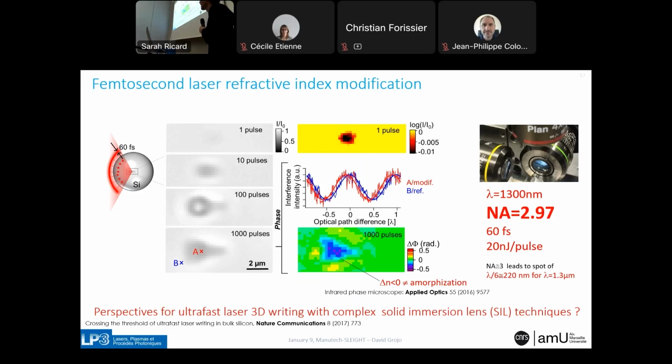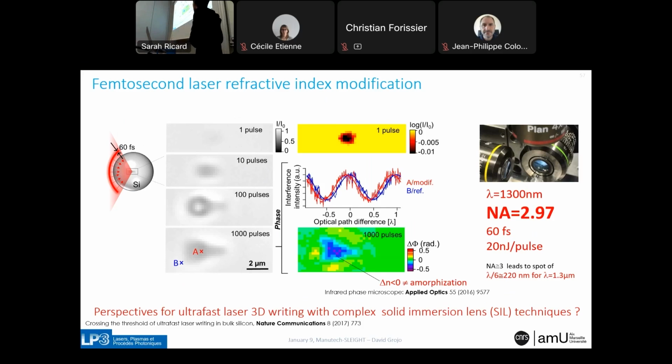And obviously, as soon as you get a modification, you are interested in the apparent index change associated with the modification. That's the reason why we have developed an infrared phase microscope so that we can measure the local refractive index inside the silicon.